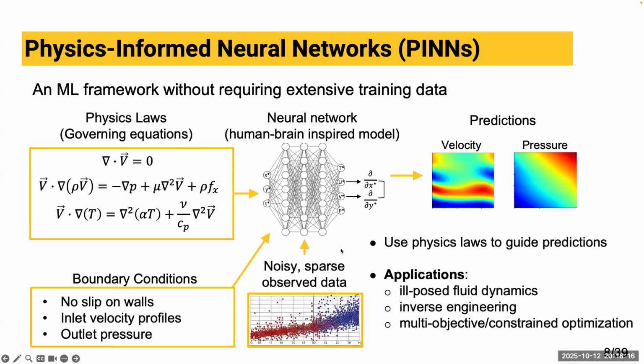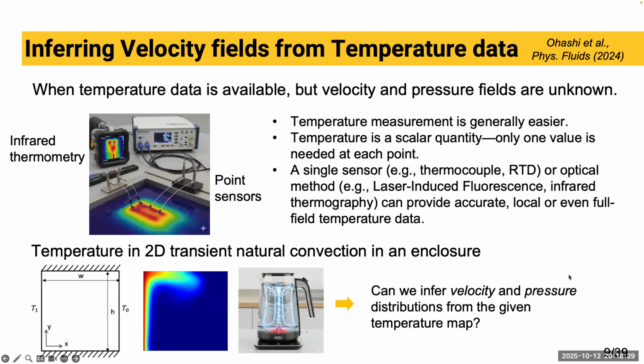And the PINNs framework has been applied to ill-posed fluid dynamics problems, inverse engineering, and multi-objective optimization problems recently. And my group has been applying the PINNs to infer unmeasured velocity fields from observed temperature data.